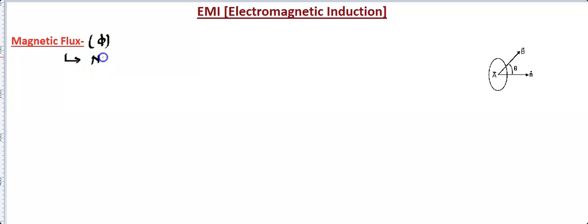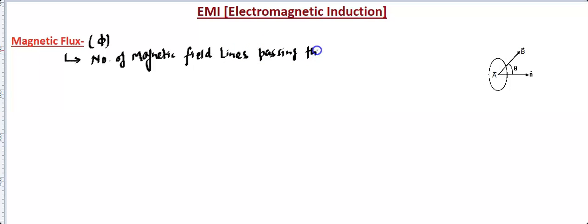The definition is very similar to that of the electric flux. So you choose a given surface and see how many field lines are crossing. That number is proportional to magnetic flux.